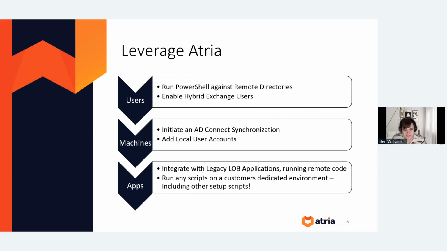So the key thing is any scripts you have on those private Active Directories, you can run them through our Atria Update Client without needing to run it from your RMM or log into them. You can even run stuff on your RMM through Atria Update if that's the way you wanted to go. But we basically give you the power to run and manage customers' private directories via their scripts and stuff that's stored on their environment in a secure, easy to use manner.